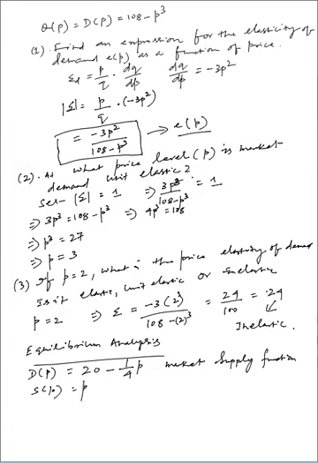So you have to solve for the no tax equilibrium price and quantity, that is P star and Q star. So how will you find out?